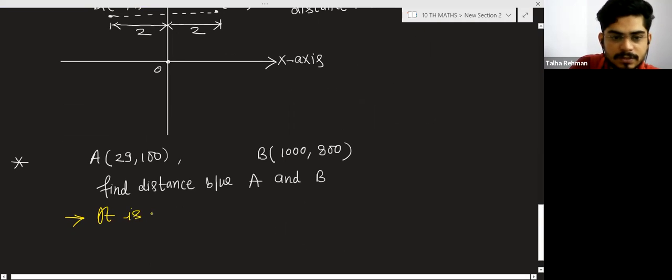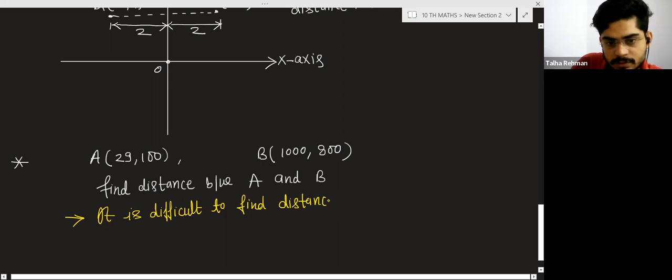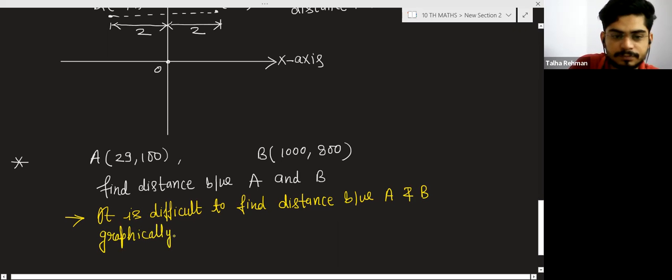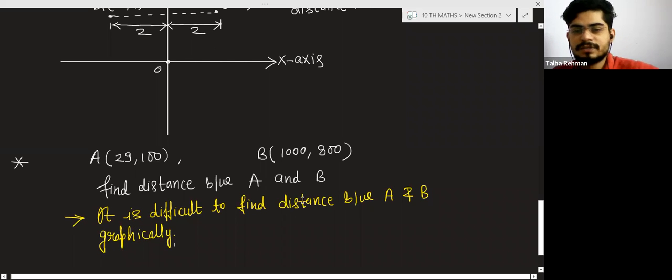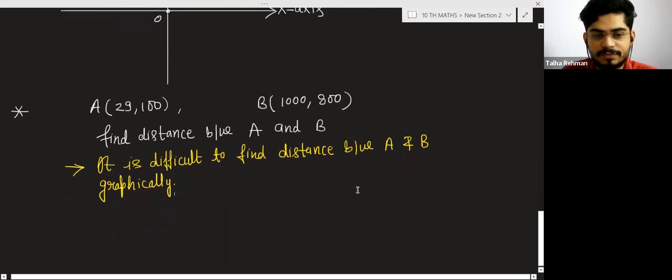It is difficult to find the distance between A and B graphically. We cannot find distance easily with the help of a graph.